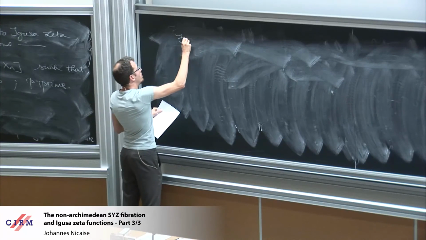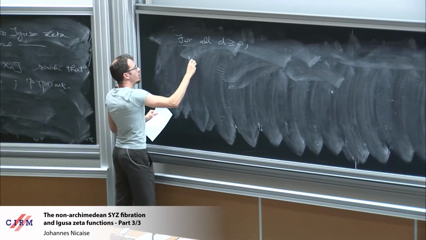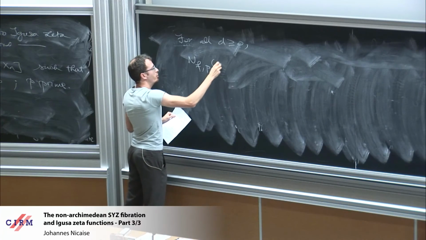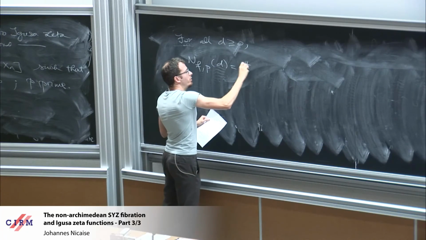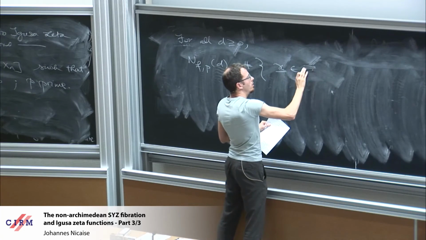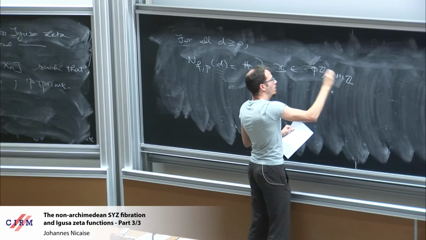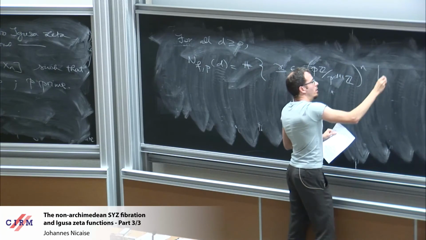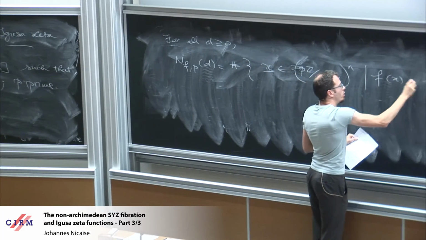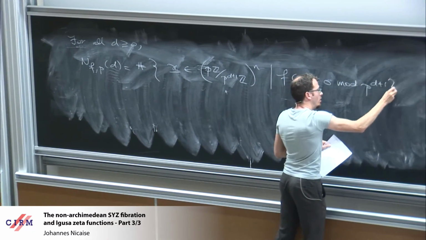So for all non-negative integers d, we define numbers depending on f, p, and d. So this is the number of elements x in (pZ modulo p to the power d plus 1 Z) to the power n, such that f of x is congruent to 0 modulo p to the power d plus 1.